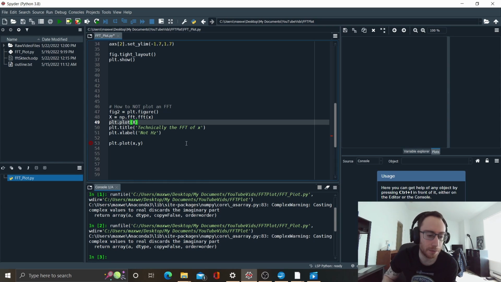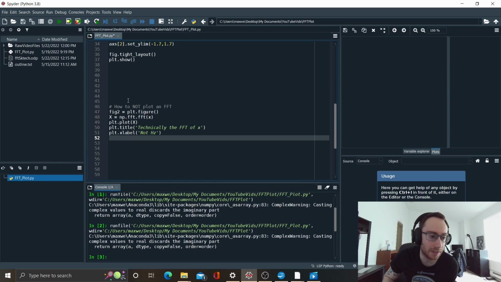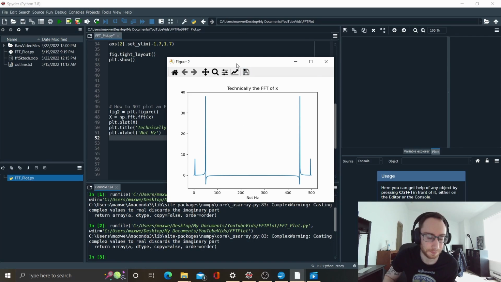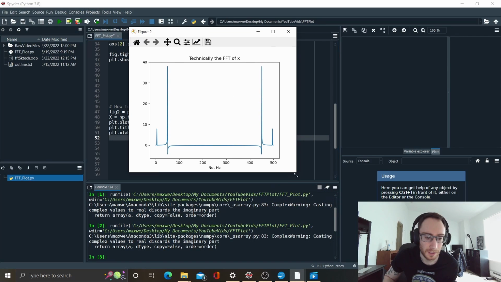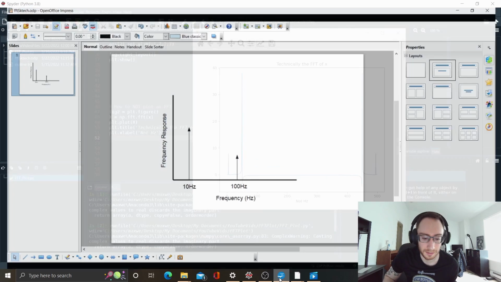Now with those issues out of the way, let's look at what this code would generate in Python. And this is the plot for it. So here's our plot. We have two pairs of two spikes, so we have something kind of like what we expected in the sketch.